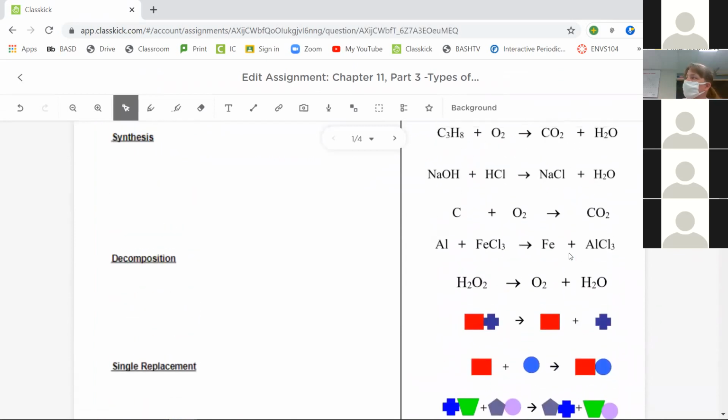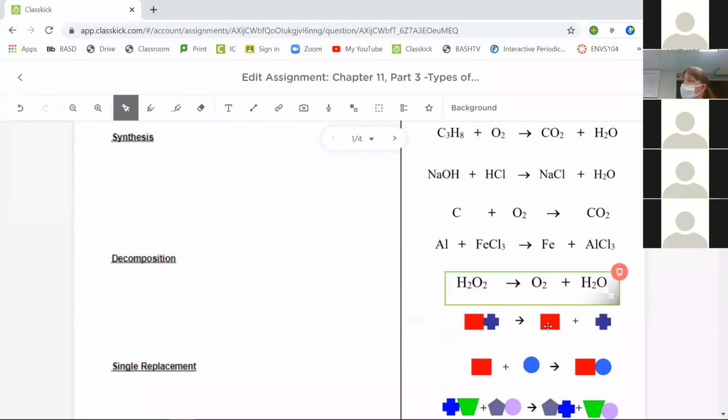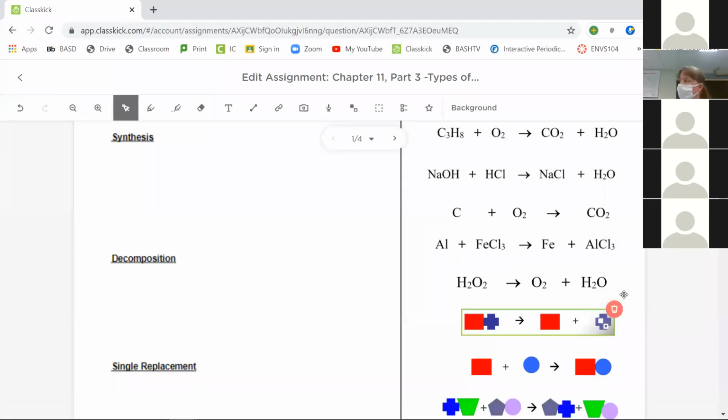And then there are 2 picture reactions for each. So each section should have a total of 3: 1 typed out, 2 pictures. The pictures are to help you understand the patterns. 2 of them connected means you are dealing with a compound. And if you have a single picture of a shape, then it represents an element.